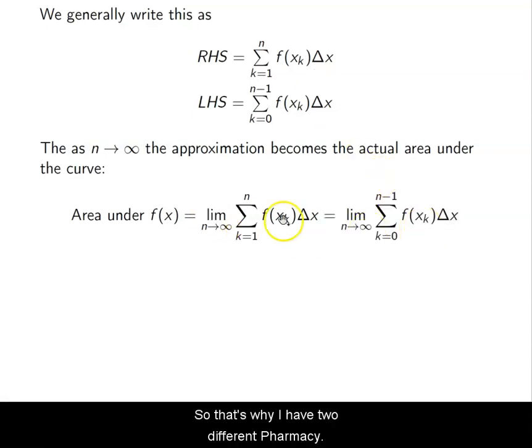That's why I have two different formulas here: I can use either the right hand or the left hand, but as n goes to infinity, they're the same thing. That's going to equal the area under the curve. So as I choose very, very large values of n, I'm going to get the area under the curve.